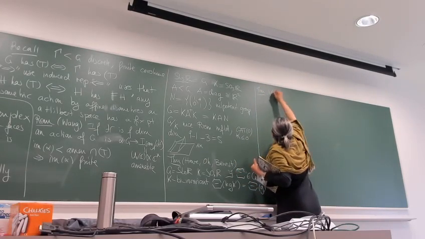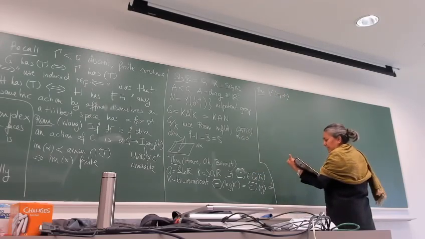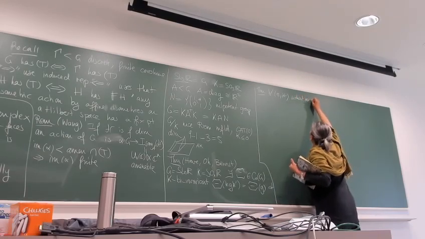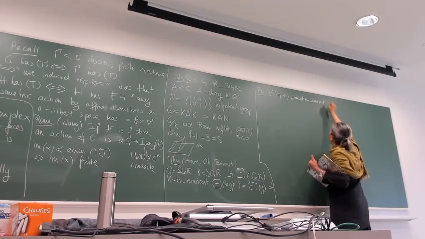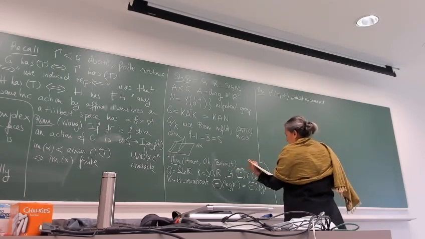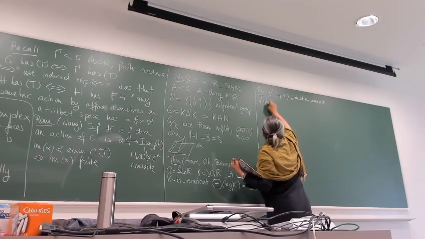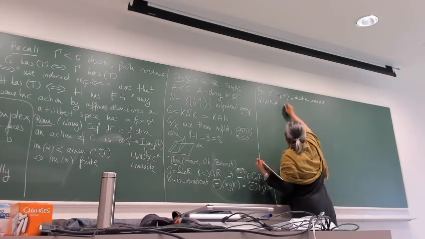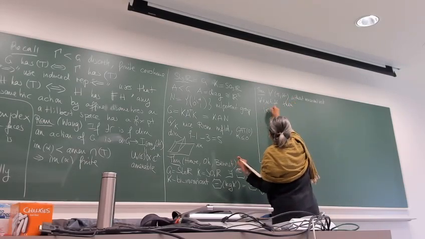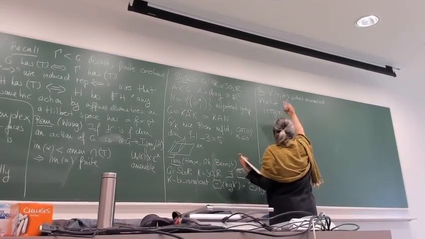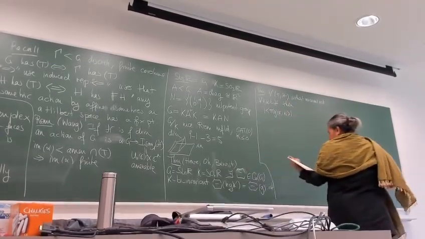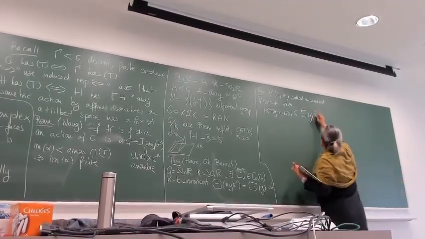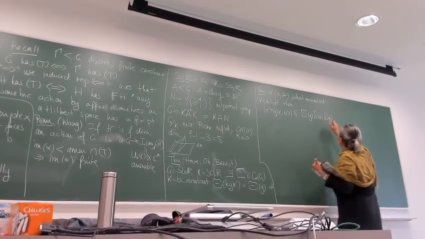So the theorem says that for any unitary representation pi on H without invariant vector, and for any v, w in H, the matrix coefficients for this unitary representation are bounded by this function times delta(v) delta(w).